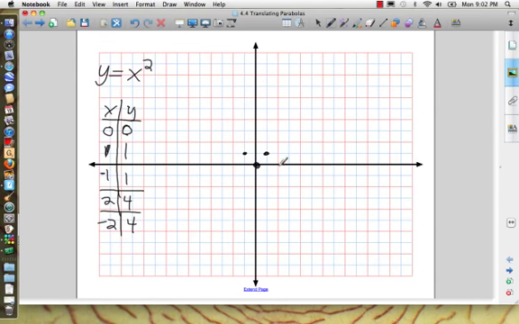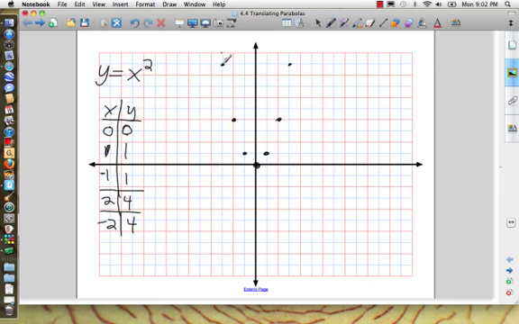So 2, 4 is on the graph, and so is -2, 4. All right, if you plug in a 3 and square that, you get 9. And similarly, if you plug in -3 and square that, you also get 9.